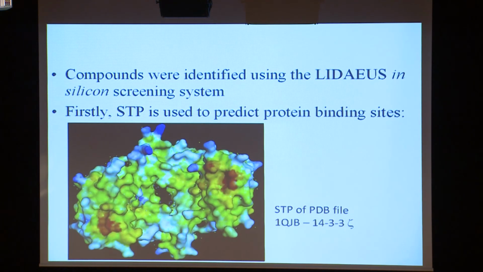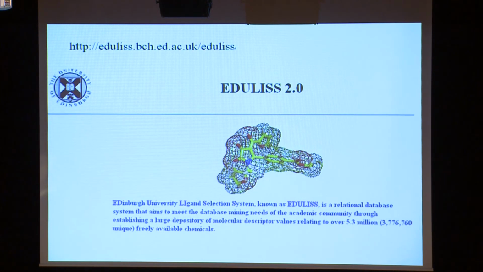We've screened using Ludi in the in silico screening system, and there are other programs we can use to predict binding sites. As I say, Edinburgh now has updated to at least over 5.3 million compounds, or 3.8 million unique compounds. Some of them are repeats of each other.